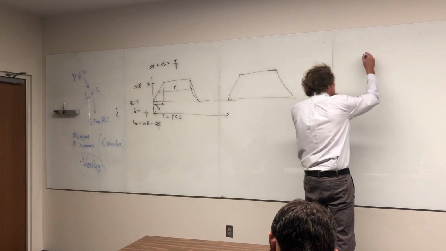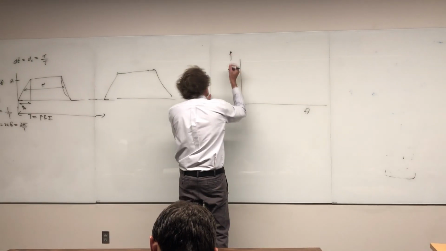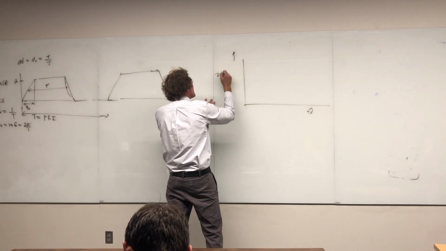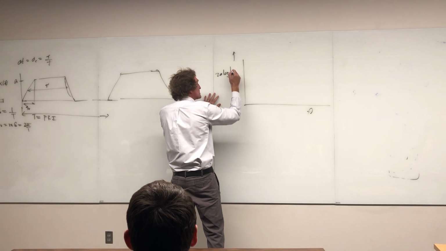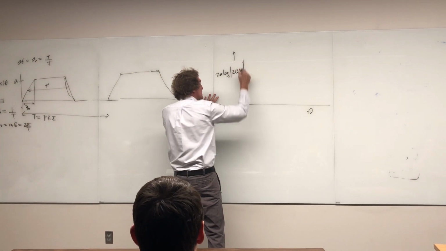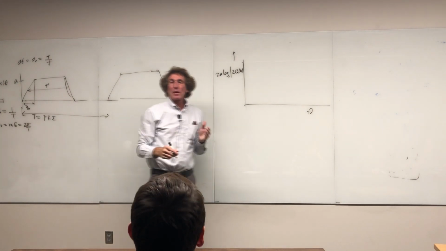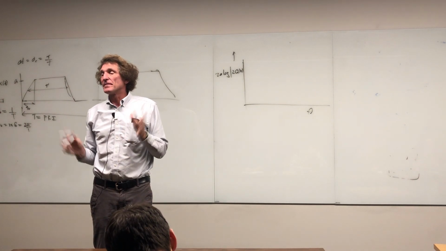On this axis we're going to plot 20 times the log of the magnitude of 2 C of n. Remember that C of n represented the coefficients of each one of the cosine series.